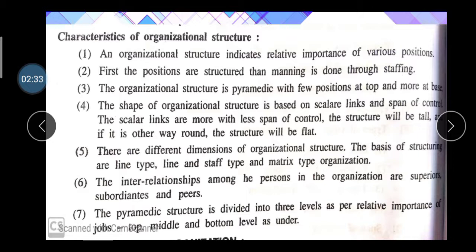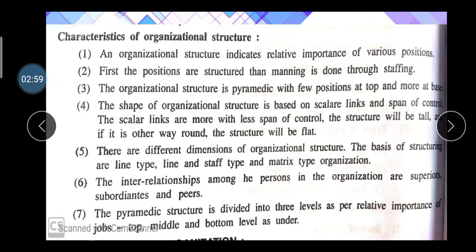What are the characteristics of this organizational structure? First one, an organizational structure indicates the relative importance of the various positions. Which position is higher than which position and what is the importance of this position in the organization, you can identify through the organizational structure. Second, the positions are structured through staffing.